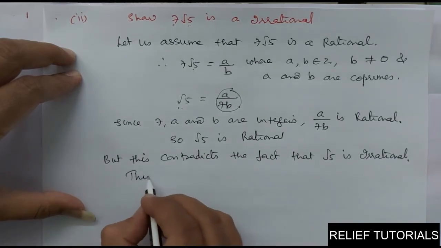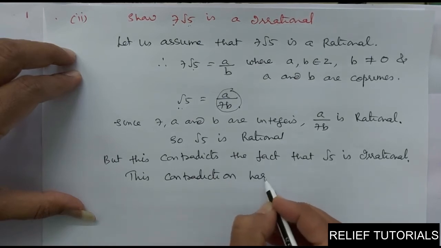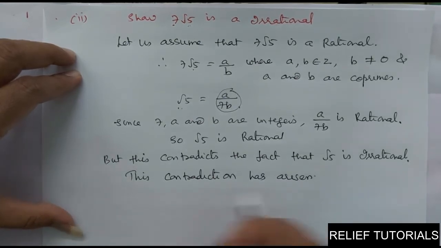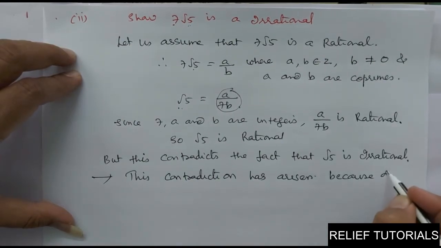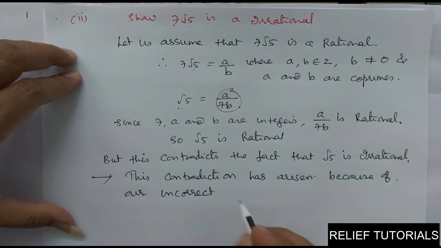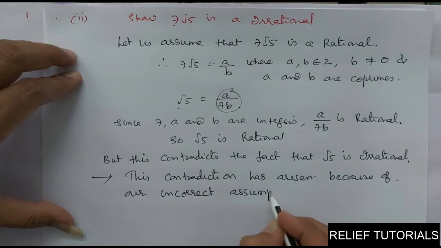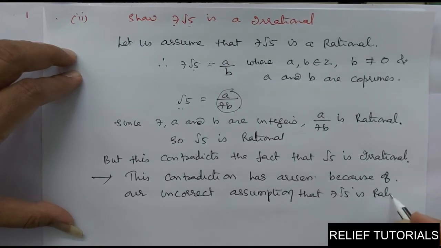So this contradiction has arisen because of our incorrect assumption. What was our assumption? That 7 root 5 is rational. So therefore you can conclude that 7 root 5 is irrational.